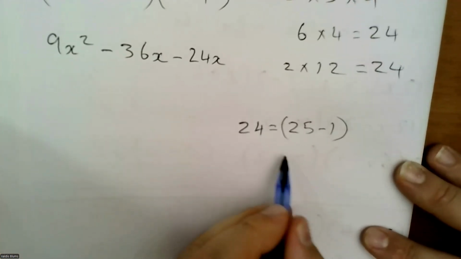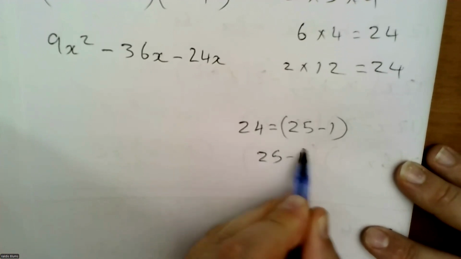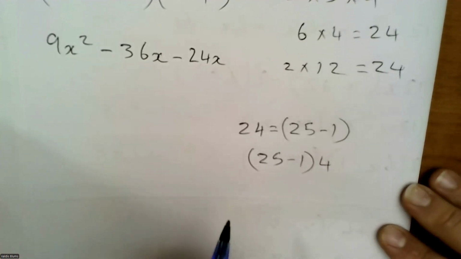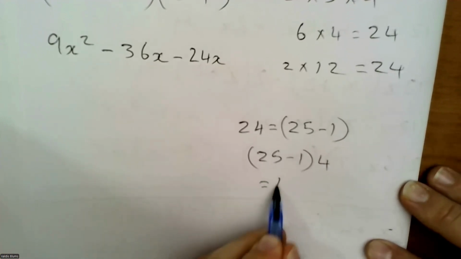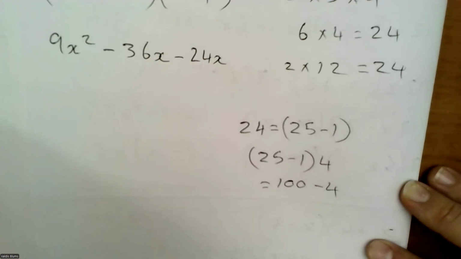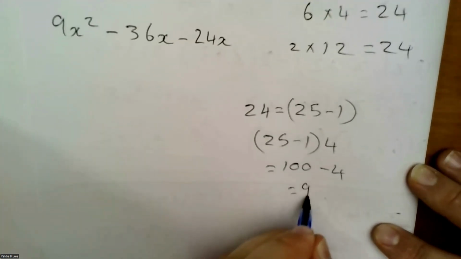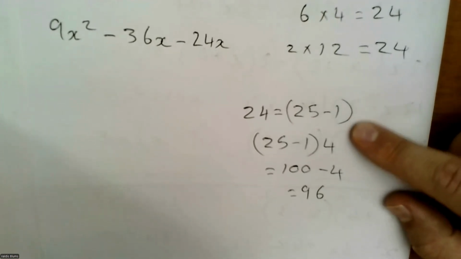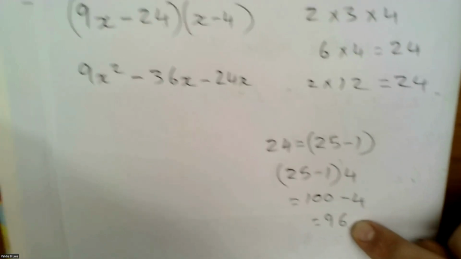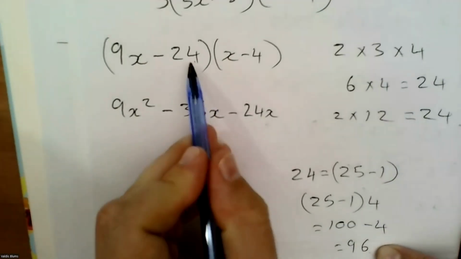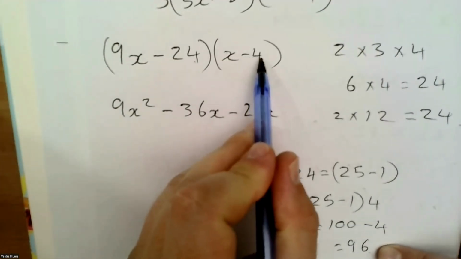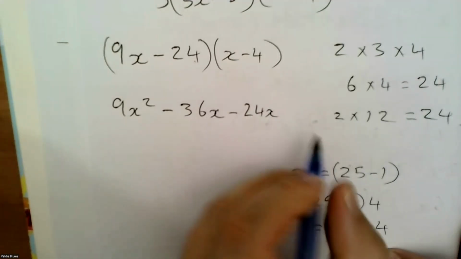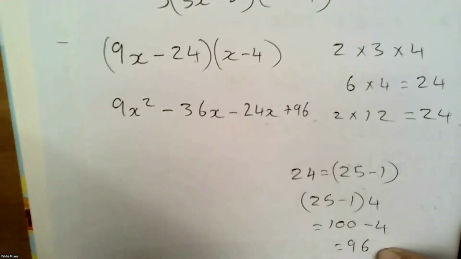So 25 minus 1 times 4 is equal to 100 minus 4, is equal to 96. So that would be the mental math that's going on to be able to do this multiplication in your head without a calculator. Plus 96.